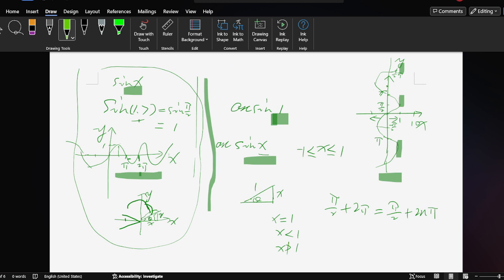Why? Because here is the hypotenuse, here is the opposite side, and this one is the adjacent side. Usually the opposite side is always less than or equal to the hypotenuse. So arcsine x can only take up to 1, cannot be larger than 1.